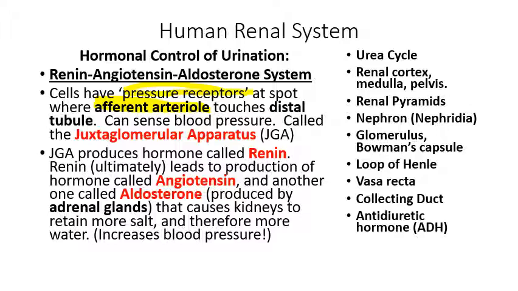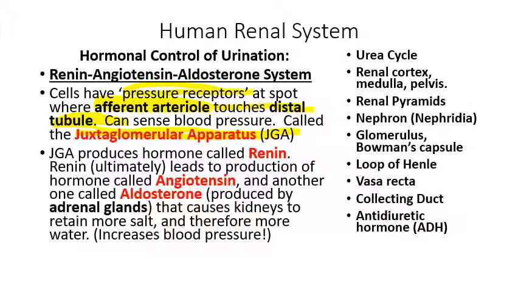And this takes place at an area where the afferent arteriole touches the distal tubule. I'll show you a picture of that in a minute. And that area is referred to as the juxtaglomerular apparatus, or the JGA. So the juxtaglomerular apparatus is a little spot inside each nephron that can physically sense what the blood pressure is.